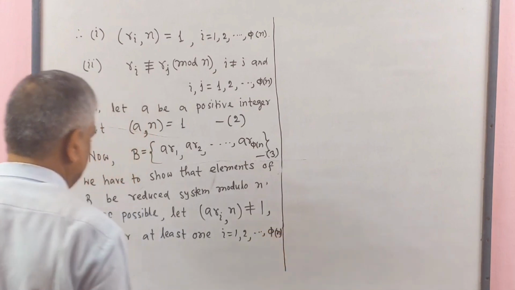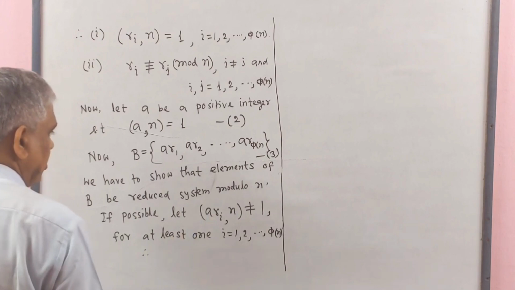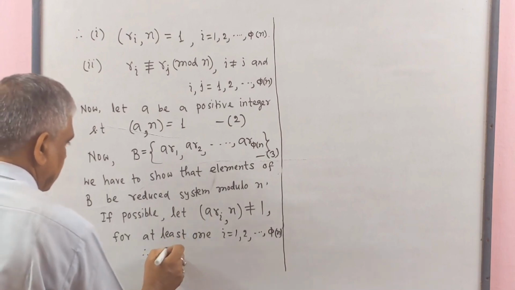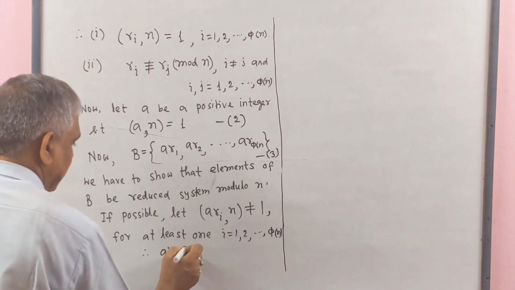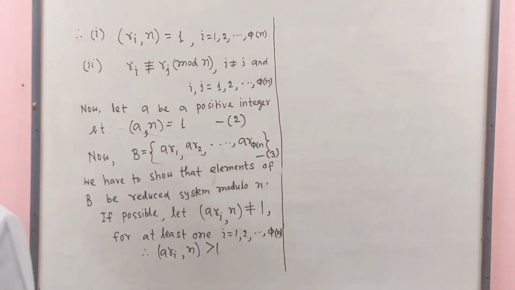Therefore, GCD of a r_i and n greater than 1. This is number 4.